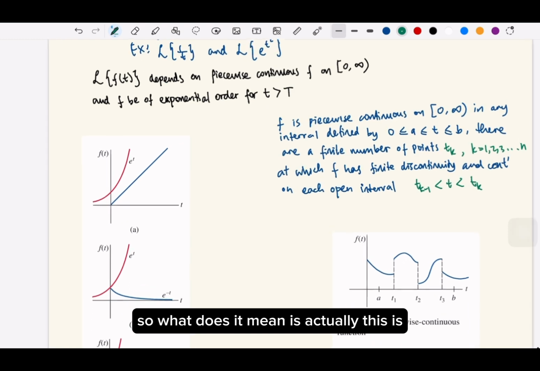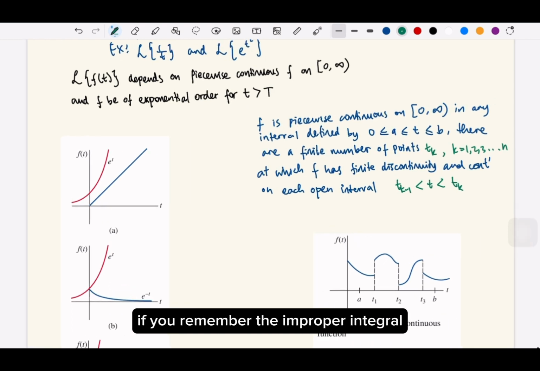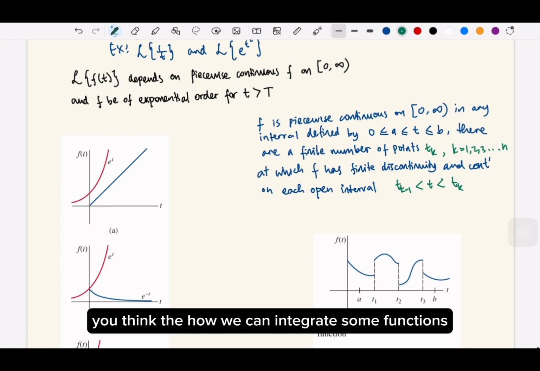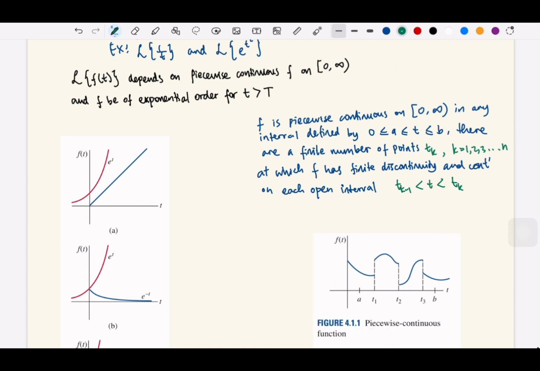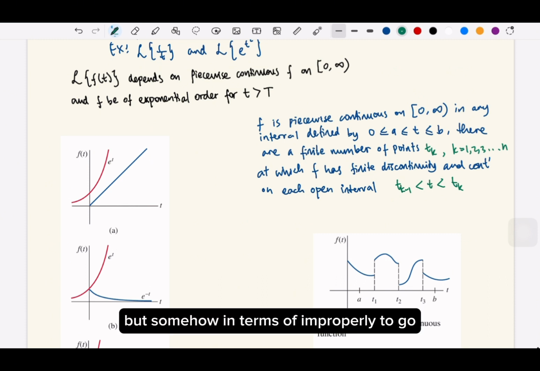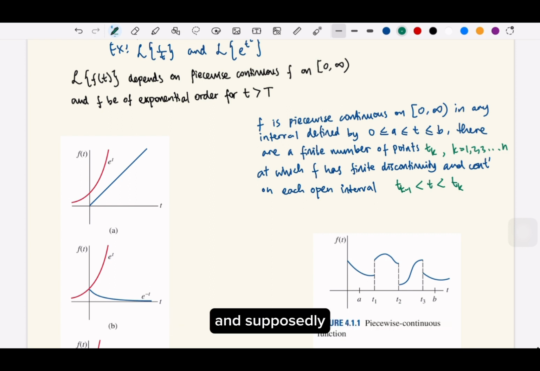So what it means is this: if you remember the improper integral, if you think about how we can integrate some functions, the functions need to be continuous, and so on. But in terms of the improper integral, when we take the integration, we take the limit as it gets larger.